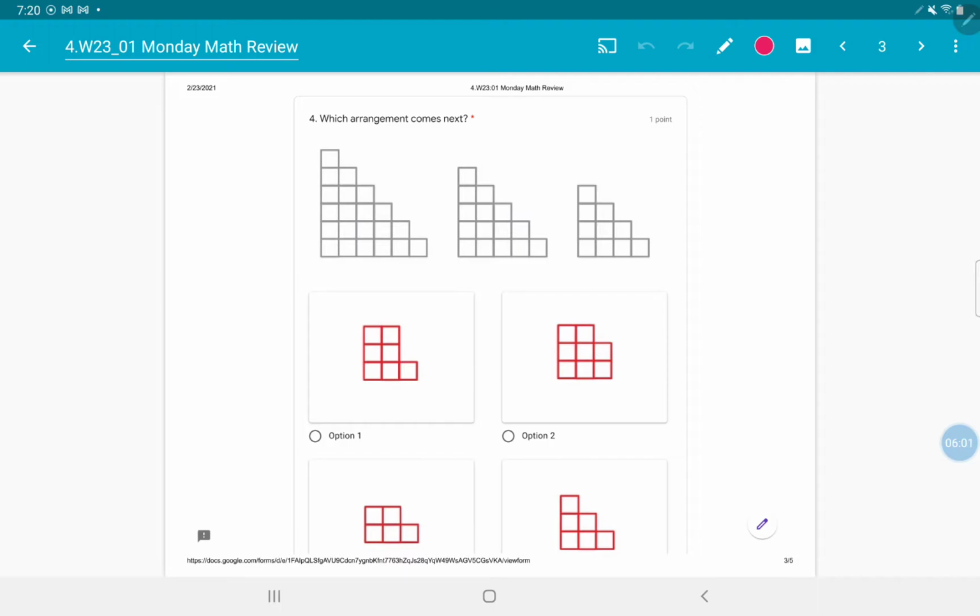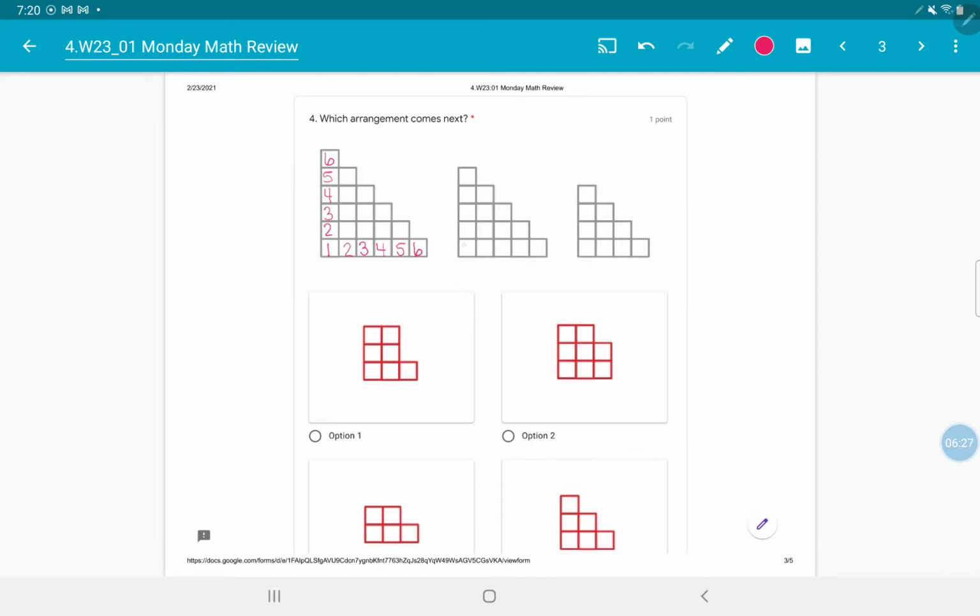Then I'm looking for the next arrangement. I look in my first one, I have 1, 2, 3, 4, 5, 6 across. And going up, I have 1, 2, 3, 4, 5, 6.